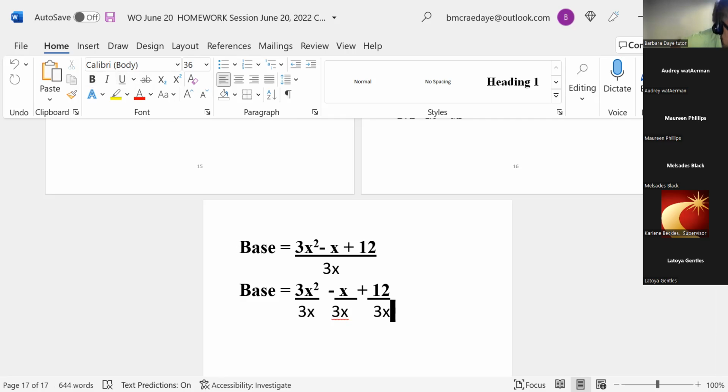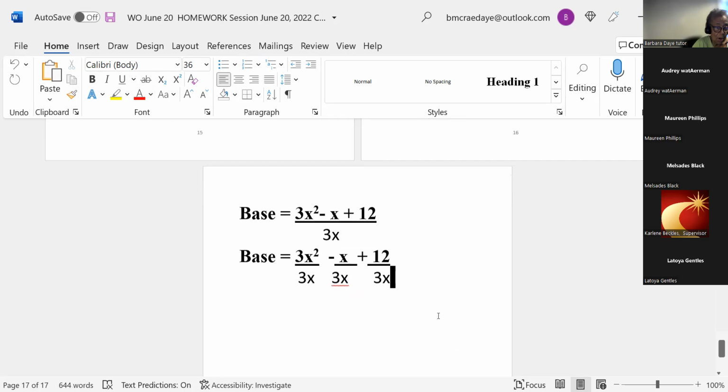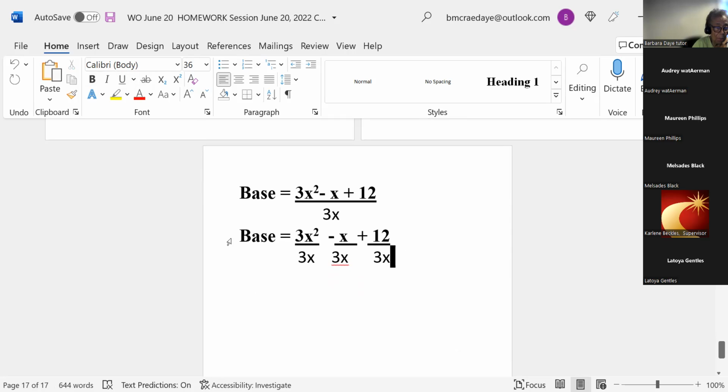So you can say, and this is how Latoya did hers, but she did hers in a more fast way. 3x to the second minus x plus 12 over 3x is 3x to the second divided by 3x, minus x divided by 3x, plus 12 divided by 3x.